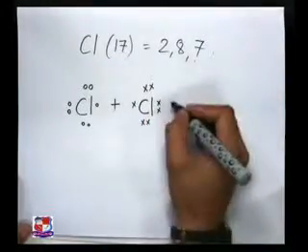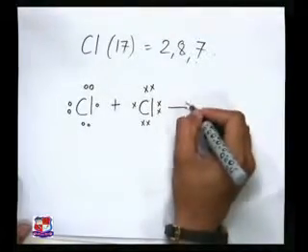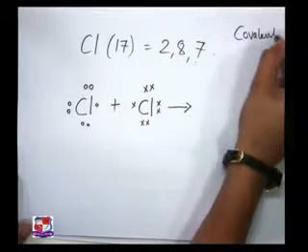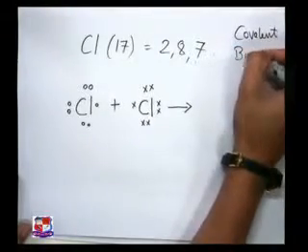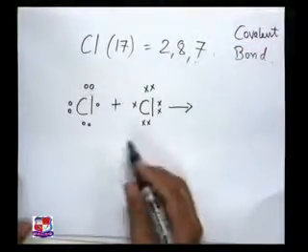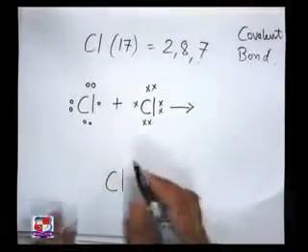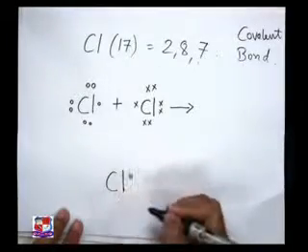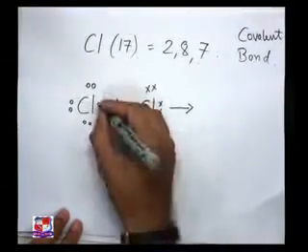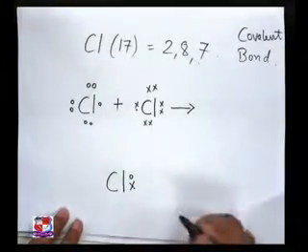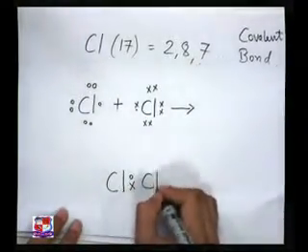Now what happens? We are discussing which bond? That is your covalent bond. What happens there? Sharing of the electron occurs, right? So here, if you see clearly, this is one electron. This and this electron will come together and form the pair. So I can write it like this. This is another chlorine.